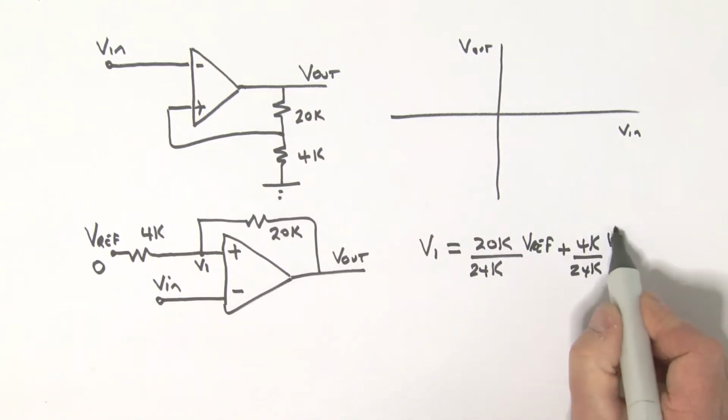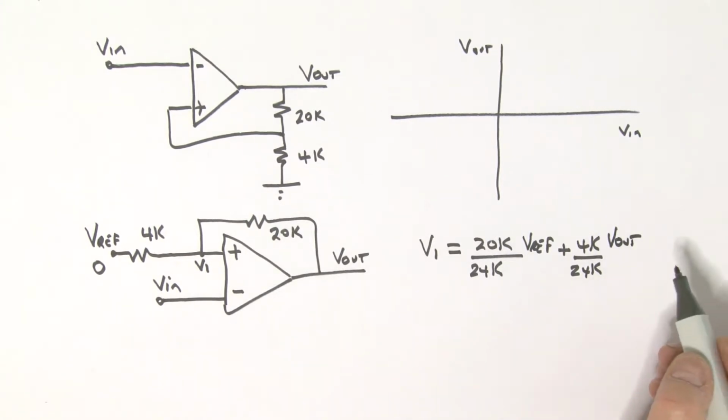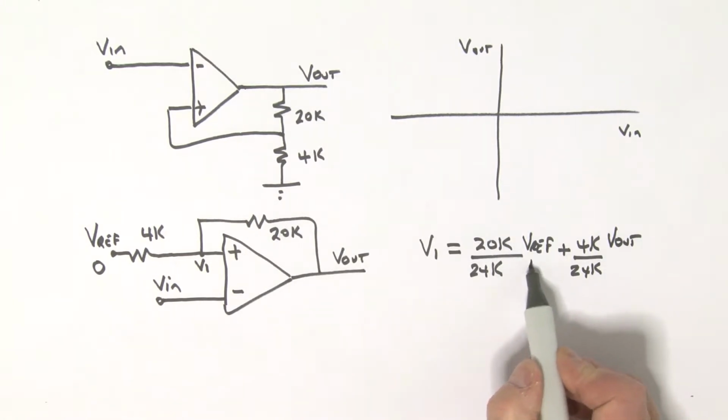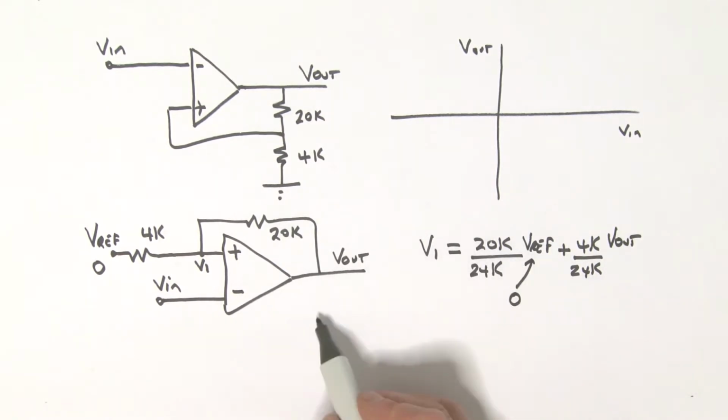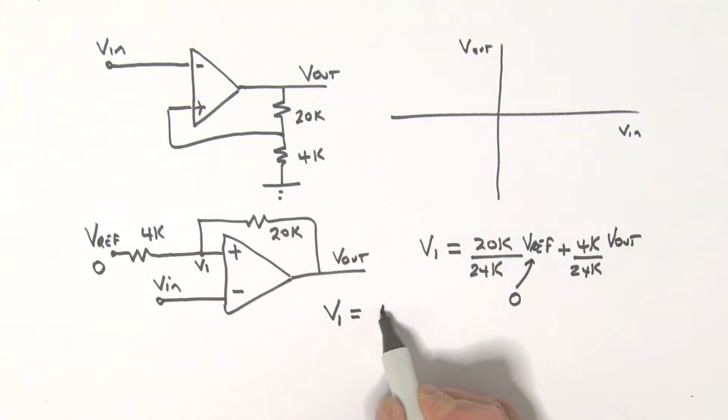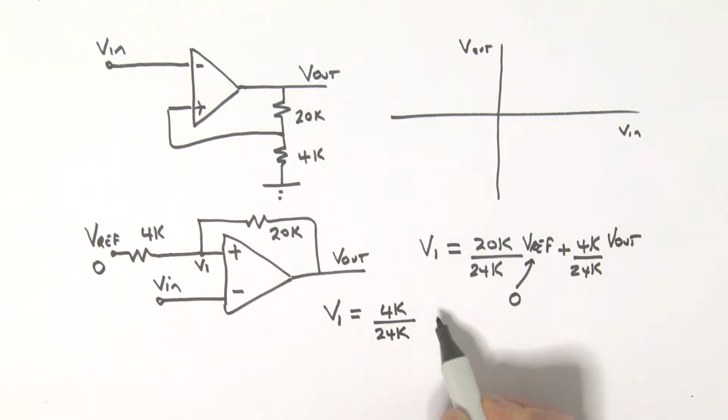The output voltage, V out. In this case, we really know that reference to be 0. So this term really disappears. And so we can really say then that V1 is simply equal to 4K divided by 24K times that output voltage, V out.